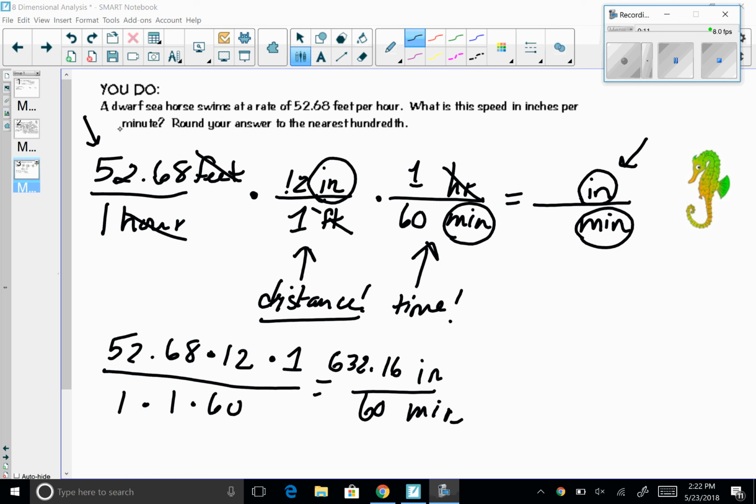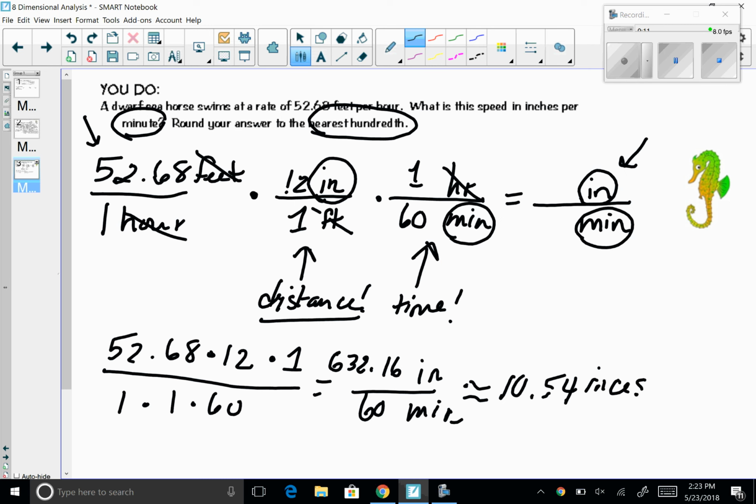The question, though, asks per minute, not per 60 minutes. So I need to divide, and it tells me to round my answer to the nearest hundredth. So when I divide this, I'm going to get 10.54 inches. Oops, I can't spell. Inches per minute.